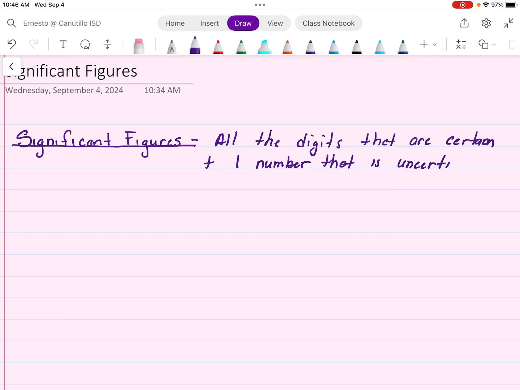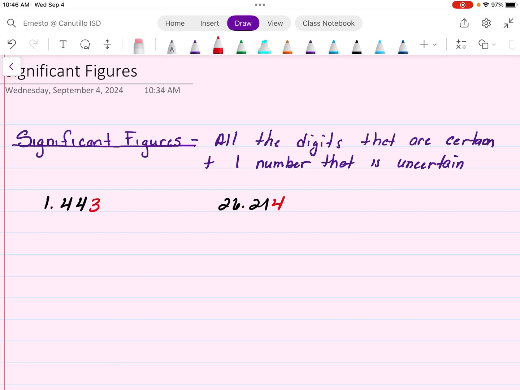So remember when you're taking a measurement, when you're taking a measurement and you're looking at numbers, right? So let's take a look at a number like 1.443, and let's take a look at the number 26.214. These are just examples. What we mean by certain and uncertain is that numbers that are certain are the ones that you know for sure.